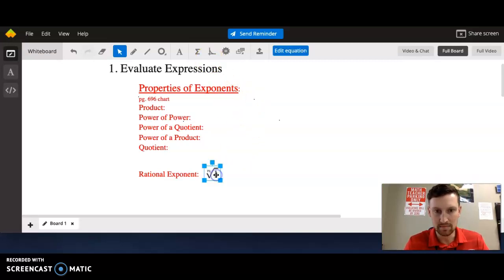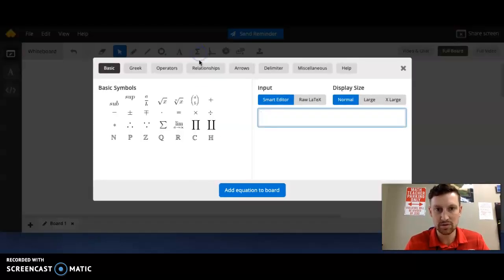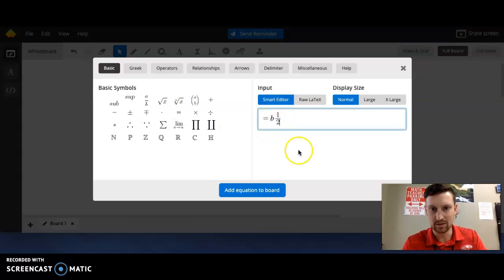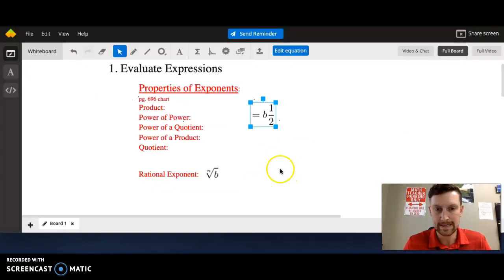Essentially that expression is the same thing as b to the 1/2 power, not quite written perfectly.